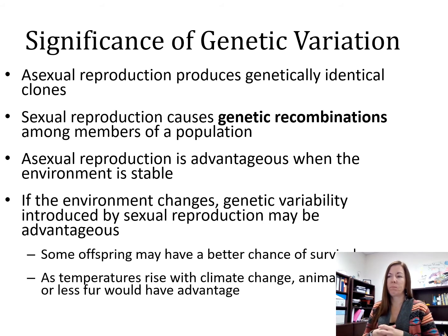Now, for those of us who live in a very changing environment, we do see genetic variability, and that's advantageous because some offspring may have a better chance of survival if there's an environmental change.